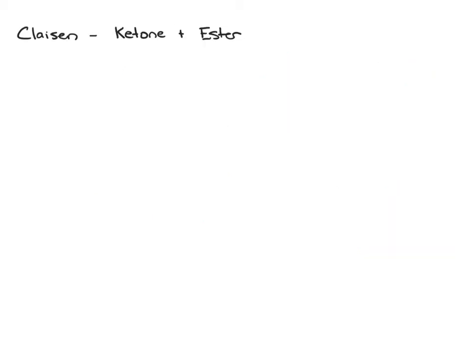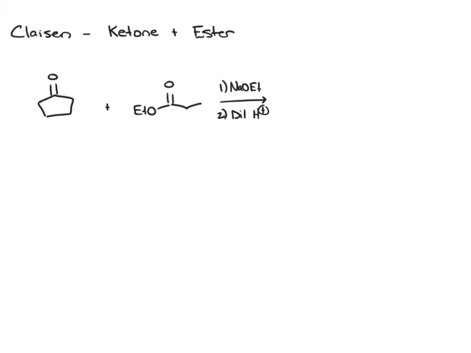We can also do a Claisen reaction between a ketone and an ester. In this case, the way that we decide what's the nucleophile and what's the electrophile is through acidity and pKa's. The ketone, those alpha protons have a pKa of about 20.